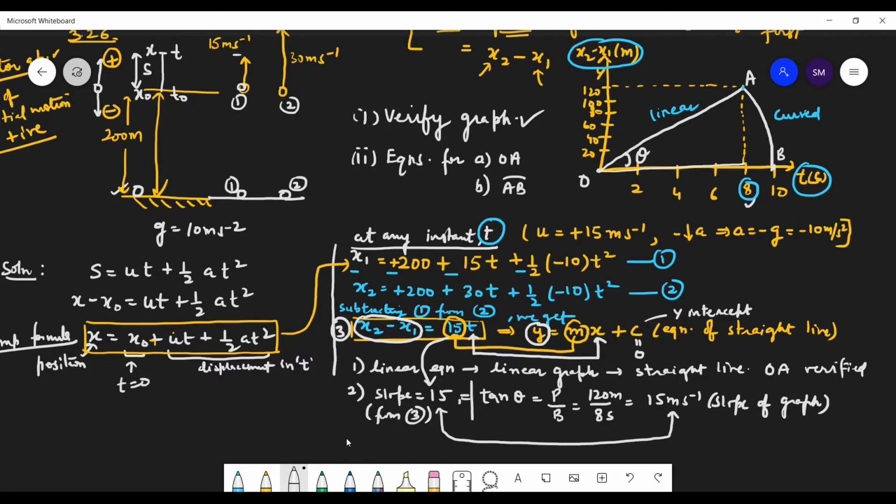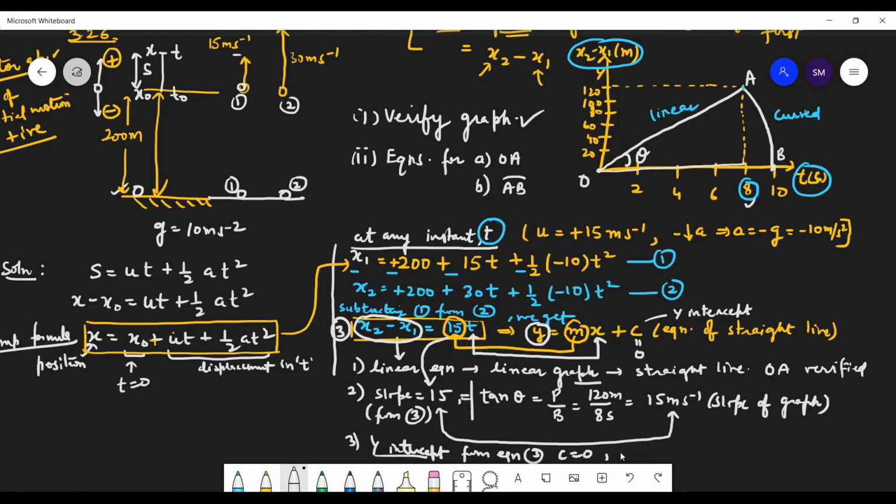Third thing is the y-intercept. We are verifying the third item, the equation, with the given graph. Y-intercept from the graph is 0. Y-intercept from equation 3, c equals 0.